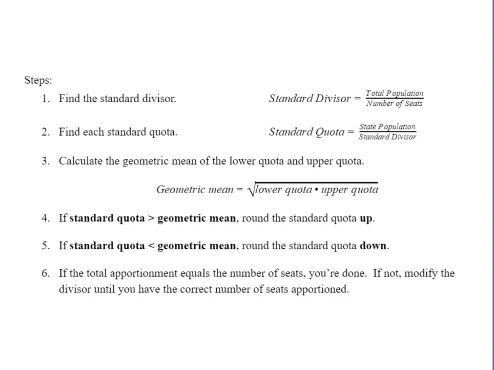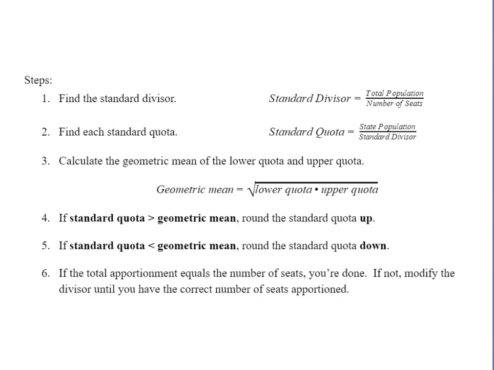So if the standard quota is greater than the geometric mean, you round up. If the standard quota is less than the geometric mean, you round down. If the total apportionment is equal to the number of seats, then you're done. If not, then you need to modify your divisor until you have the correct number of seats apportioned.